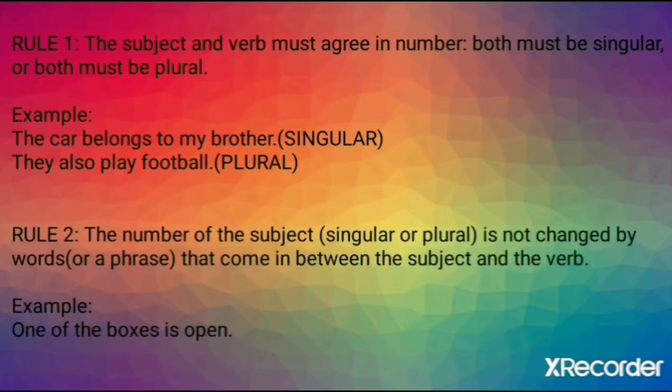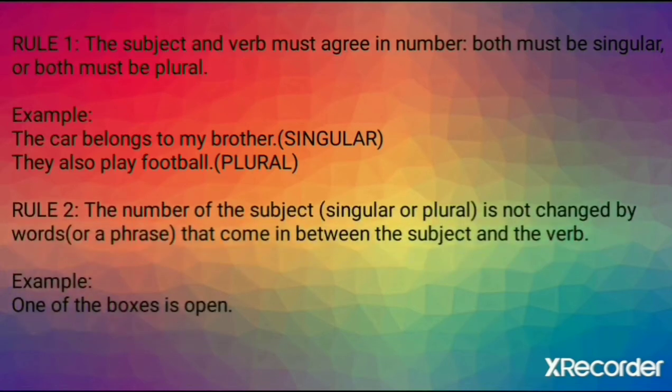Rule number 2. The number of the subject, might be singular or plural, is not changed by words or a phrase that come in between the subject and the verb. For example, one of the boxes is open. Here you might be quite confused because of boxes and the singular verb is.